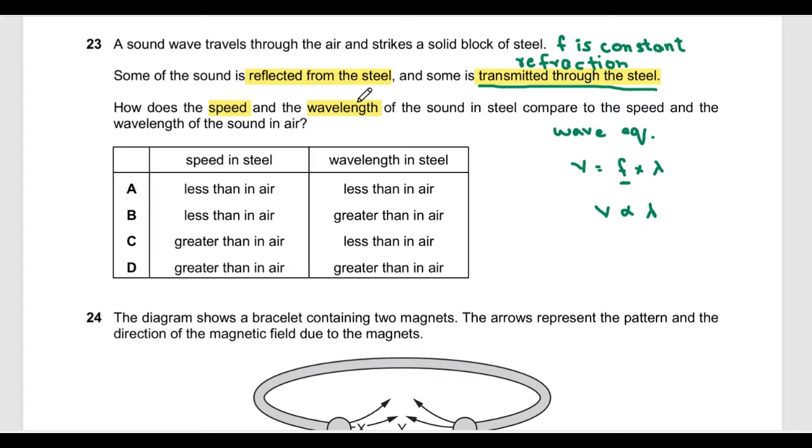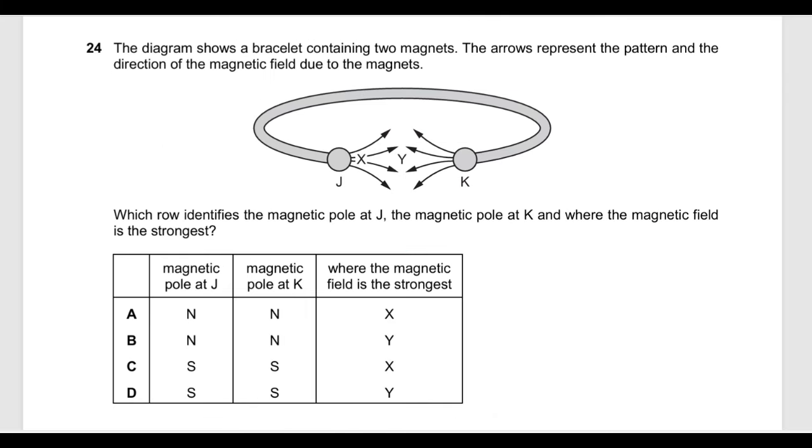And the wave is going from a less dense medium, air, to a more dense medium, steel, so its velocity is going to increase. So increasing the velocity would also mean that its wavelength would increase. So speed in the steel would be greater than in the air, and wavelength would also be greater than in the air. That means option D.